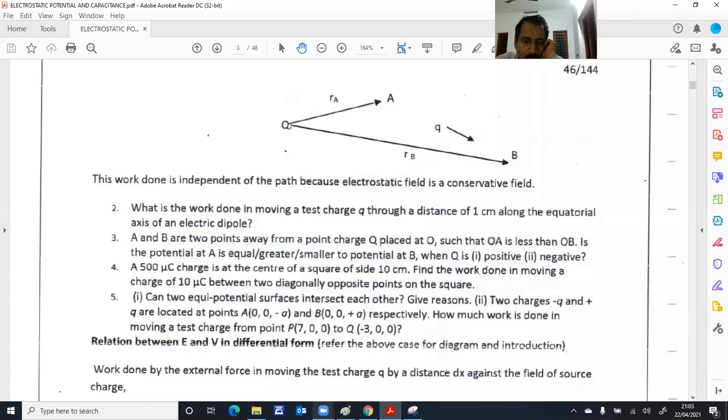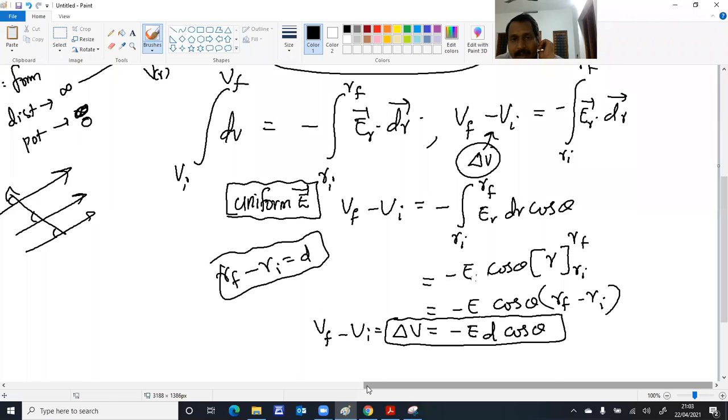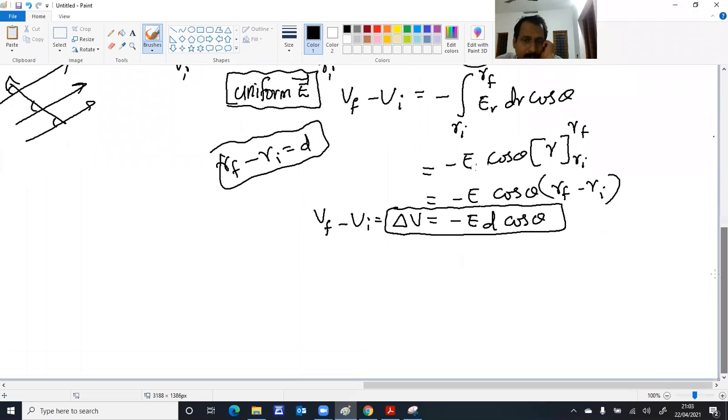Did we make a note that the work done is independent of the path? We already know, right? Electric field is a conservative field. Work done does not depend upon the path. Yes, sir. If not, you have to make a note.